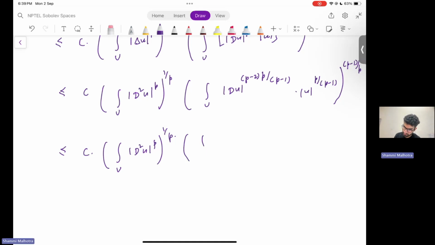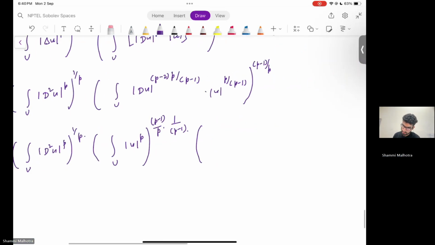This is the integration of u, |u| to the power (p-1) divided by p, and the whole power p minus 1 upon p minus 1, and we have |Du|^(p-2), the whole divided by p minus 1.